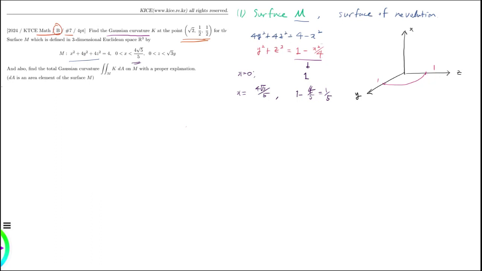So when x is 4 over square root of 5, it will be a circle, but its radius will be 1 over square root of 5. And the surface will look like this.